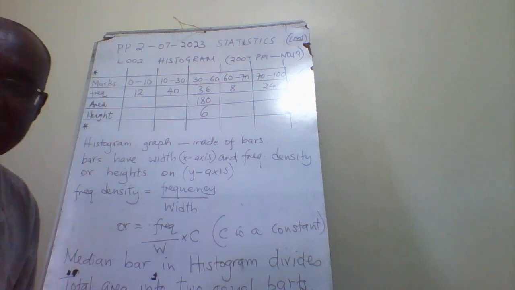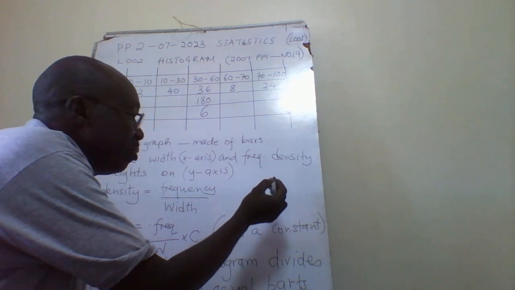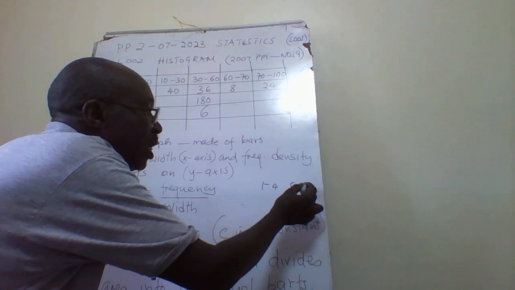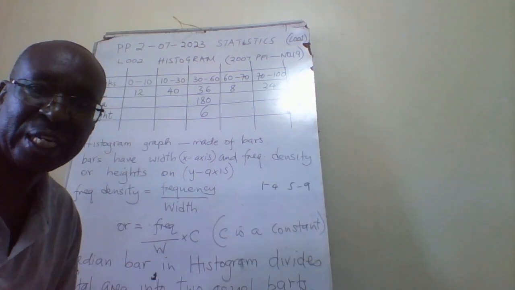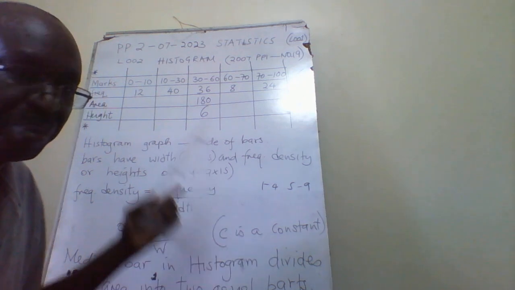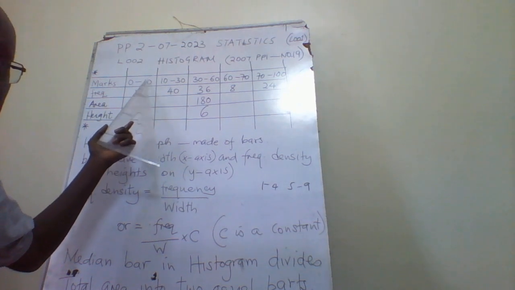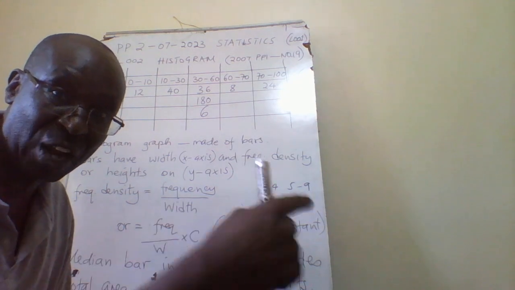But there are those classes, let me just use a small space here. It can be 1 to 4, 5 to 9, and so on. So you see there is nothing overlapping. Can I repeat? You see here there is 10 in the previous class. There is also 10 in the next class. I call it overlapping.